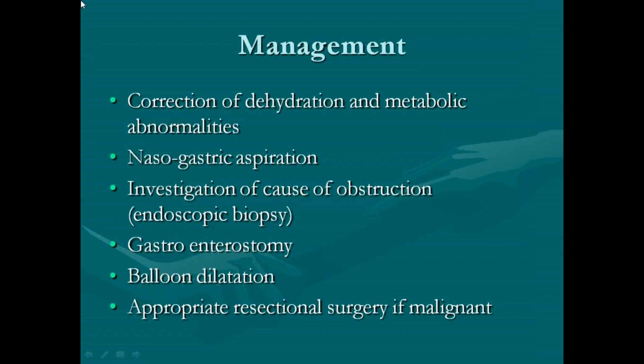Then how are you going to treat this gastric outlet obstruction? First and of prime importance, the patient is in dehydration and is having some metabolic abnormalities or deficiencies. All the metabolic abnormalities have to be corrected first. So first you rehydrate the patient, give him IV saline.